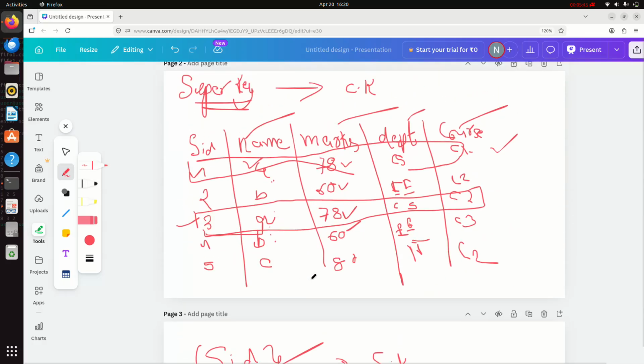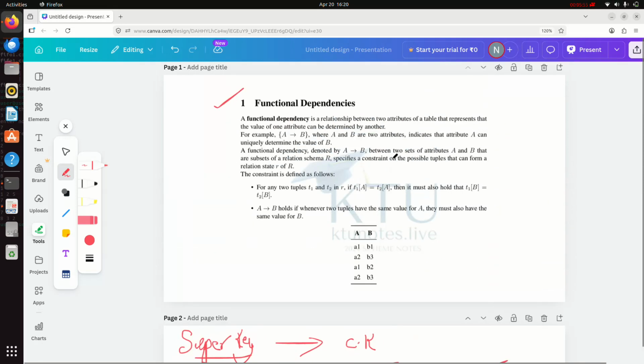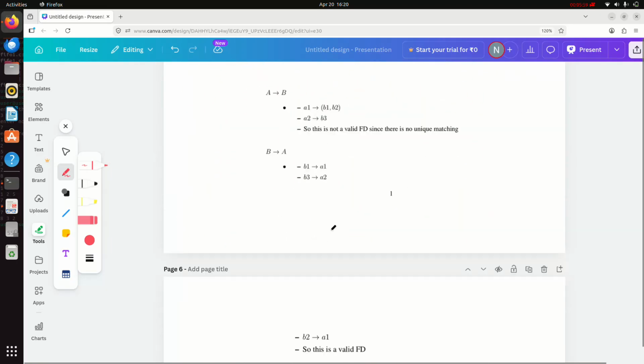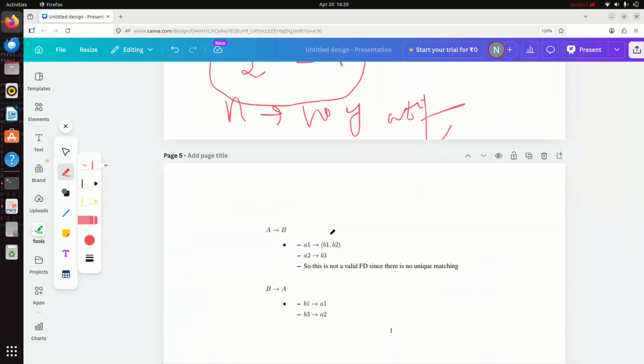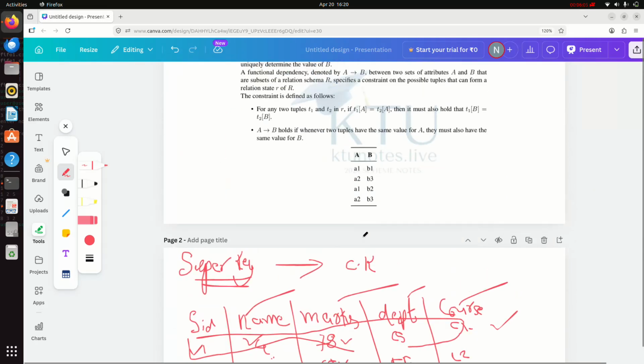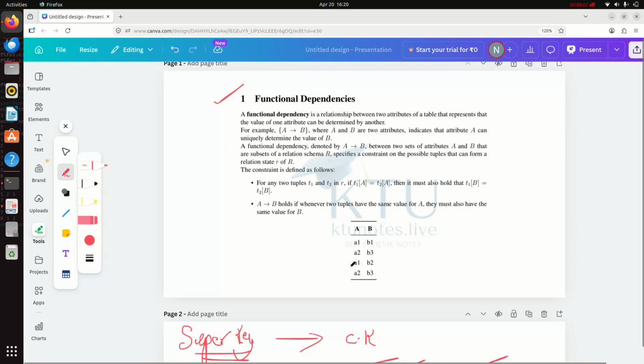Now there is another thing we have to understand: what is a candidate key? Now we understood super key. If you have any doubt in super key, you can tell. Considering another example here, this is a relation. What are the super keys?